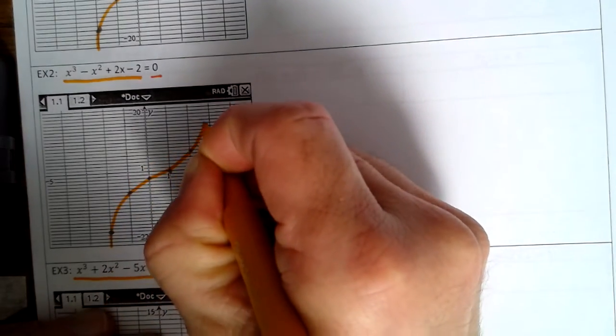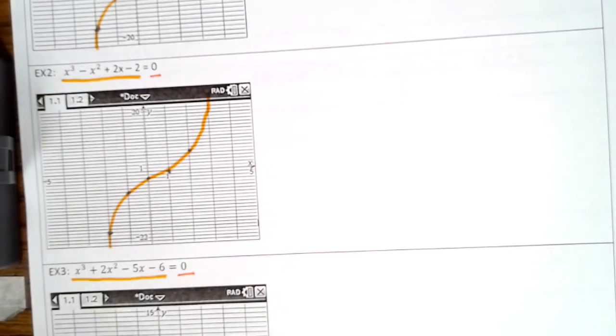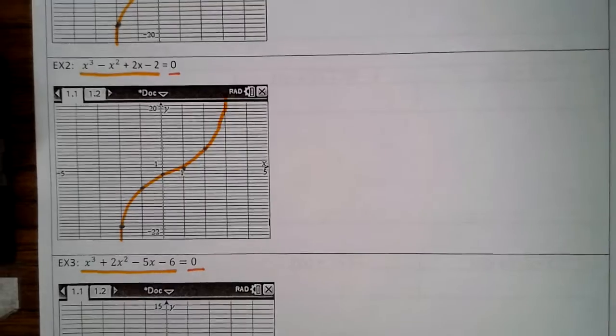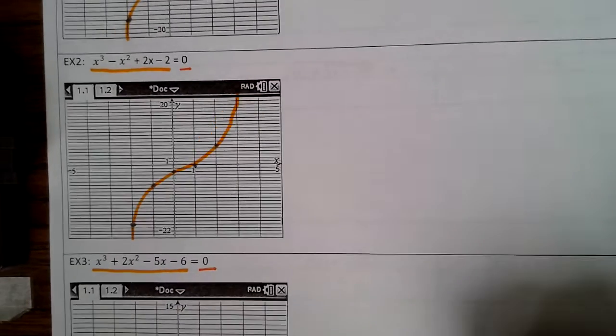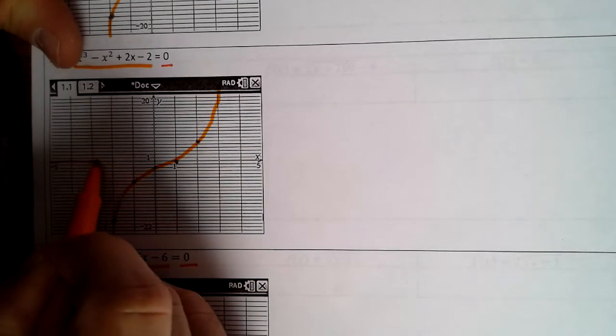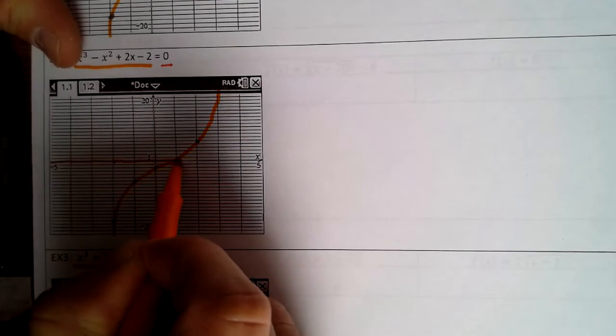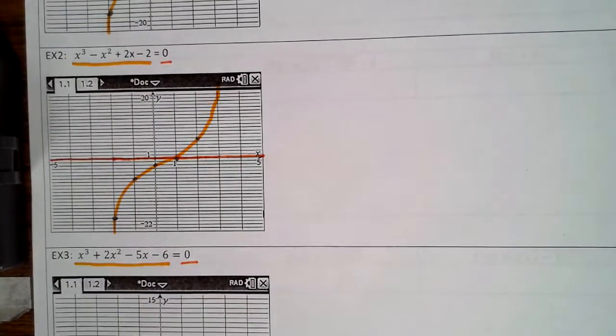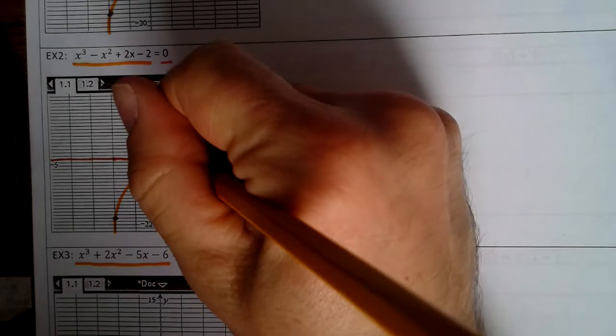Now you don't need to graph the right side in the calculator because this is a horizontal line at 0. So there's your point of intersection, which looks like 1, 0.